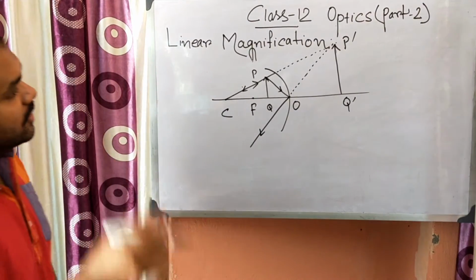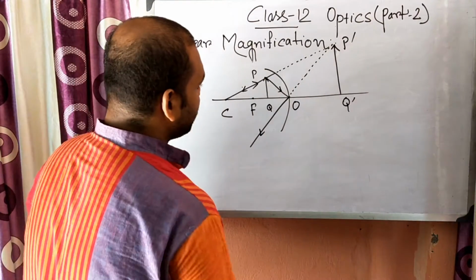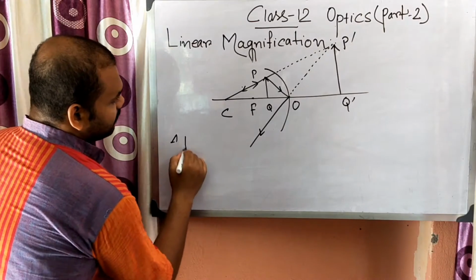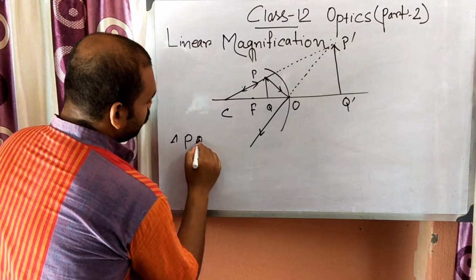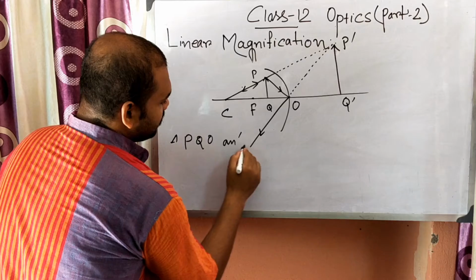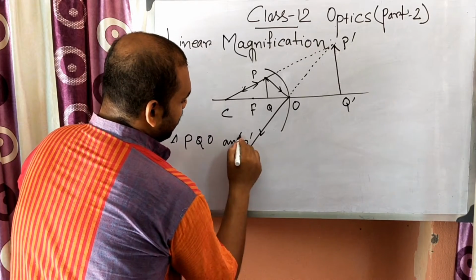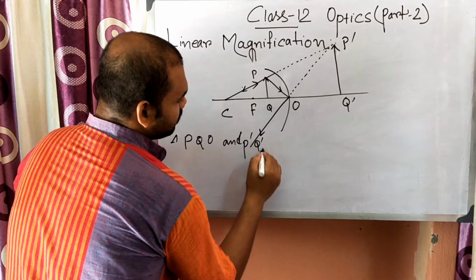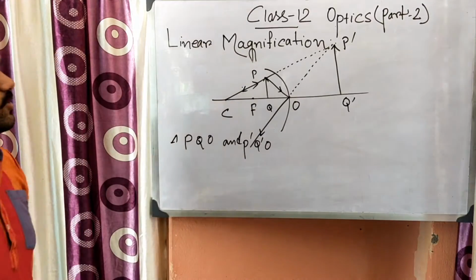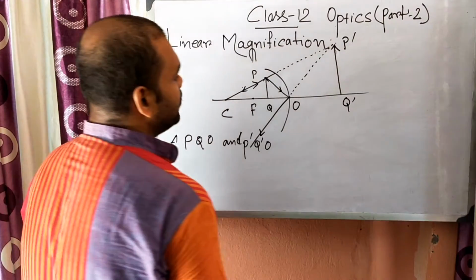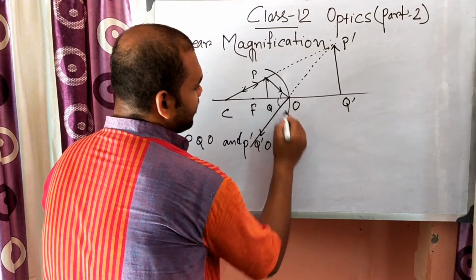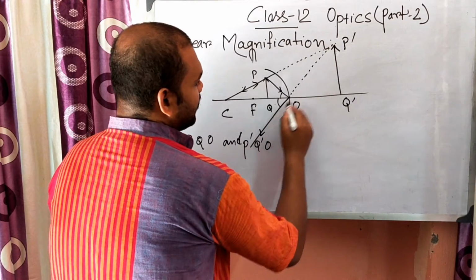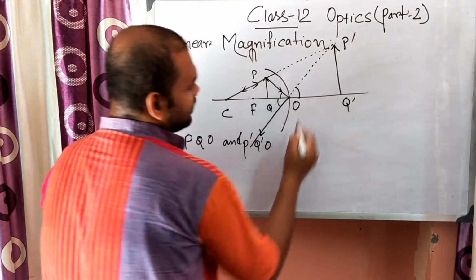Now consider two triangles again, triangle PQO and P prime Q prime O. In this case also these two triangles are similar. Why? Because this angle and this angle are the same, and this is a vertically opposite angle, so this angle is also the same.